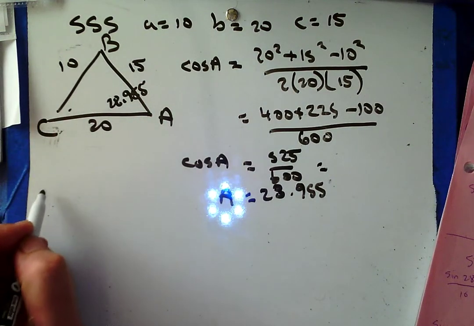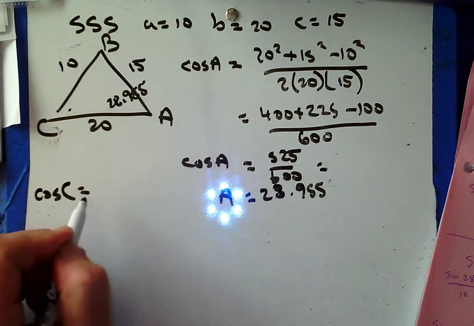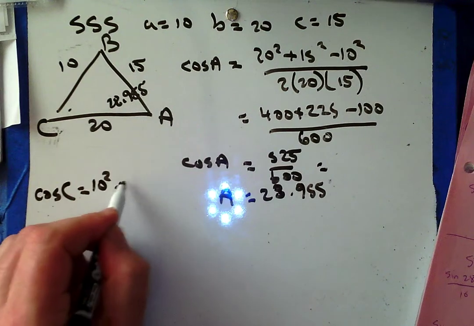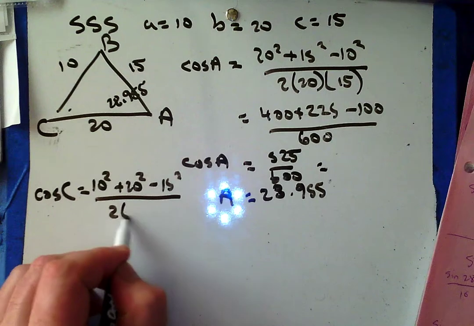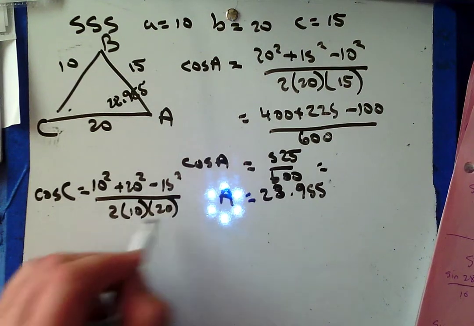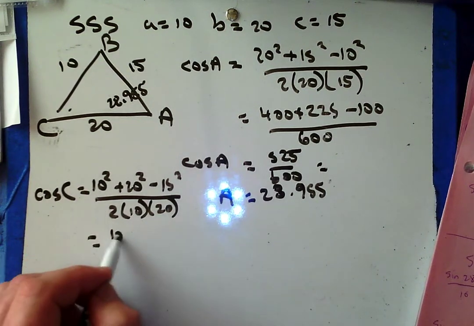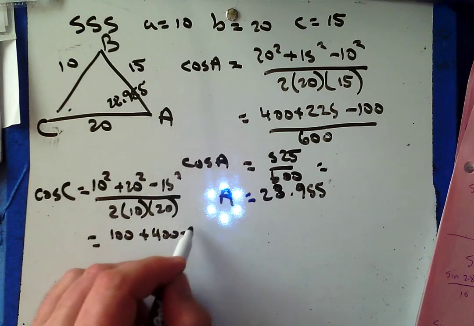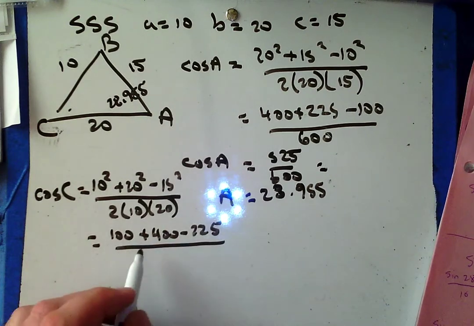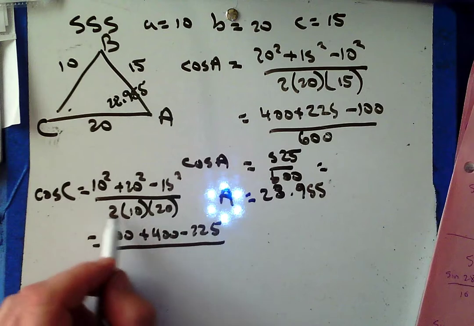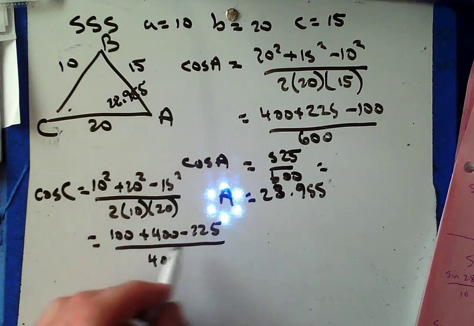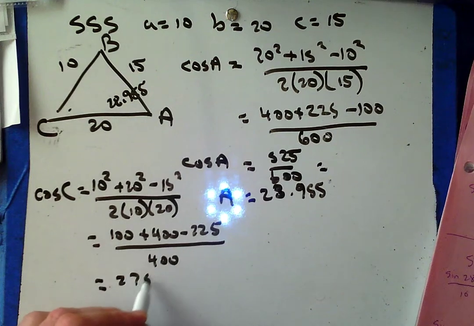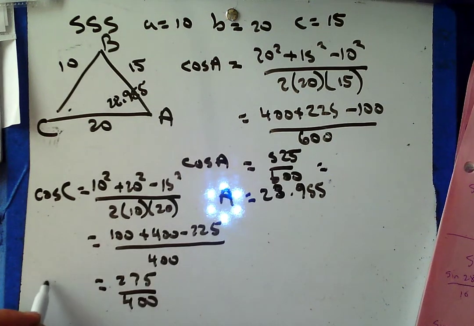We know that cosine of C would be 10 squared plus 20 squared minus 15 squared over 2 times 10 times 20. So that's going to be 100 plus 400 minus 225 over, this is 200 times 2, or 400. 500 minus 225 is 275 over 400.